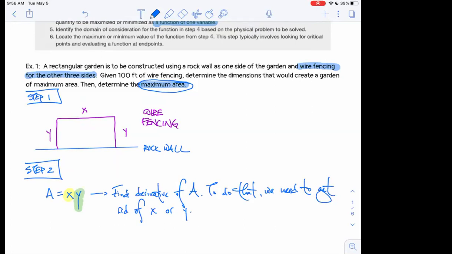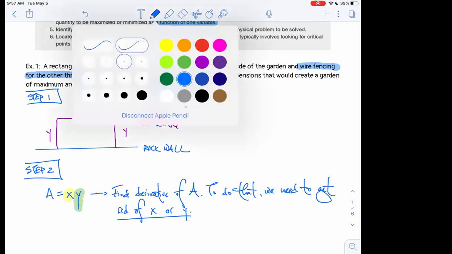Okay. So this next part is really important. How do we get rid of X or Y? The answer is usually that whatever you did in step 1 is going to help you with step 2. So let's go back to step 1 for a moment.